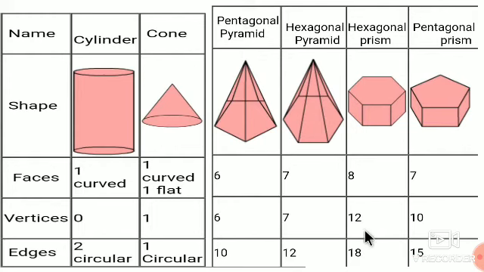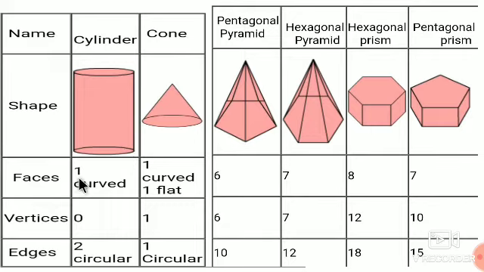Now this question or table is given in your textbook. Write the number of the faces, edges, vertices of each shape in the table. This is the cylinder. Here this cylinder is the open cylinder because here the shaded part is not given. The shaded part shows that it is closed.